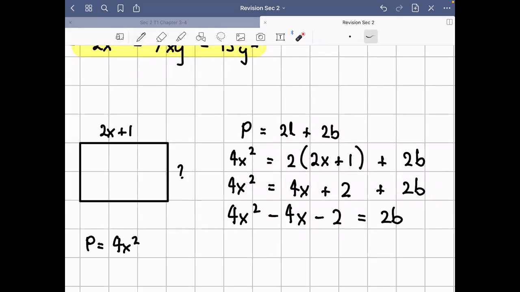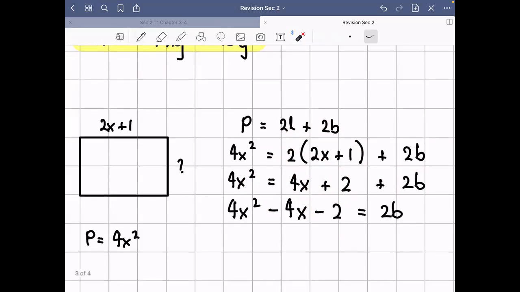You got that, class? Did we follow that one? Okay, now look at 2b. We're looking for only b, right? So how do we get rid of 2? We divide this by 2, and we also divide everything here by 2.